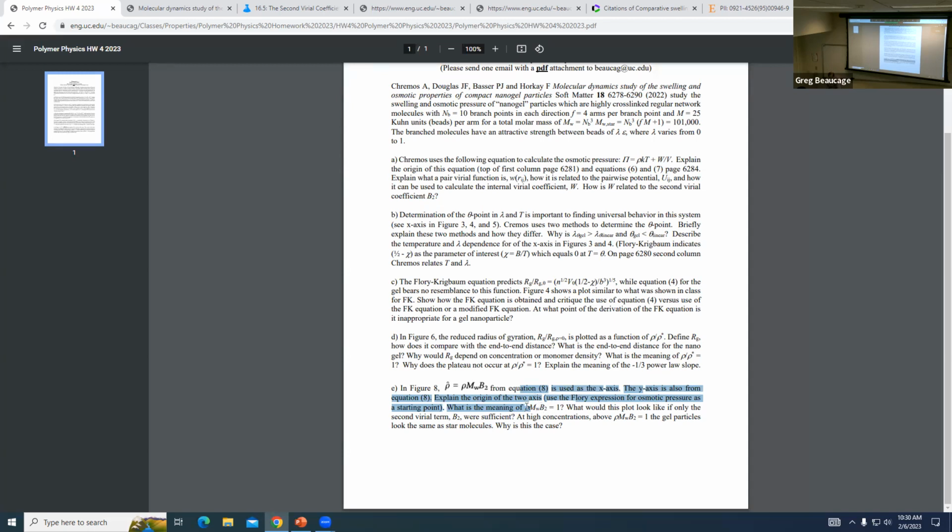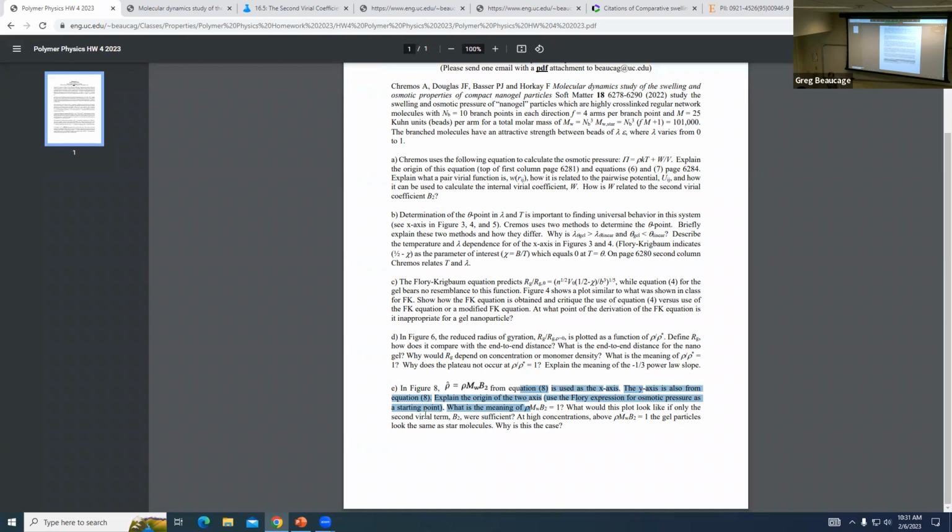So molecular weight times that comes out of the Flory-Krigbaum equation. Basically, rho times B2 would be the place we'd really expect it to be 1. That would have some meaning, and then molecular weight times that doesn't have any meaning.